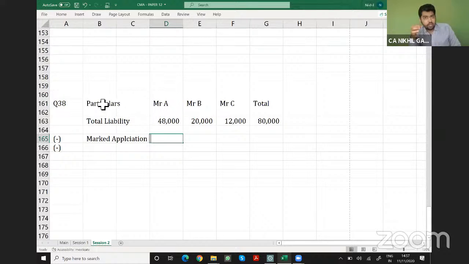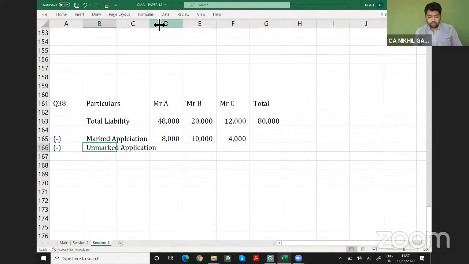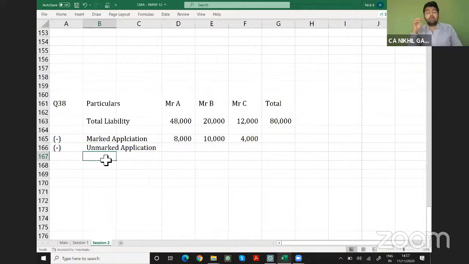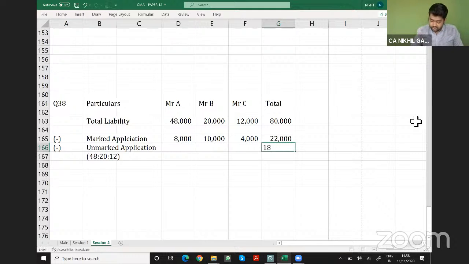The unmarked application will be bifurcated in the ratio of 48 is to 20 is to 12, which is their respective ratio. Agreed? So your unmarked application is 18,000. Out of 40,000, 22 is marked, the remaining is unmarked.